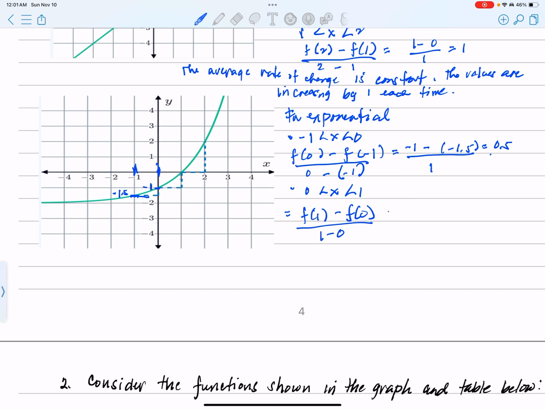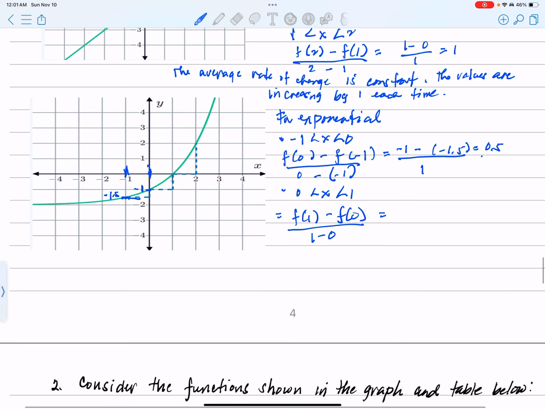So f of 1 is 0, then f of 0 is negative 1, over 1. So it's 1.